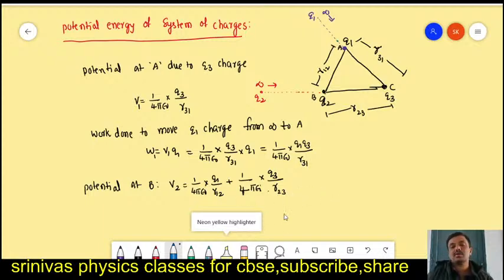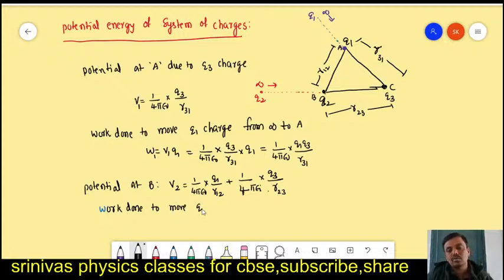Then next we have to calculate the work done. What we have to do? We have to calculate the work done to move Q2 charge from infinite to B, right? Then this work will equal to potential into charge.